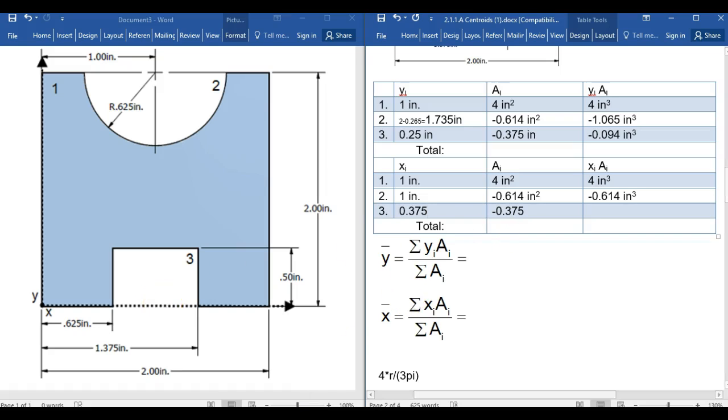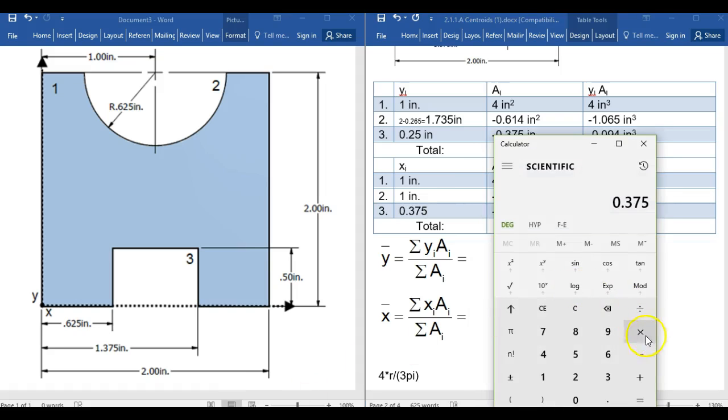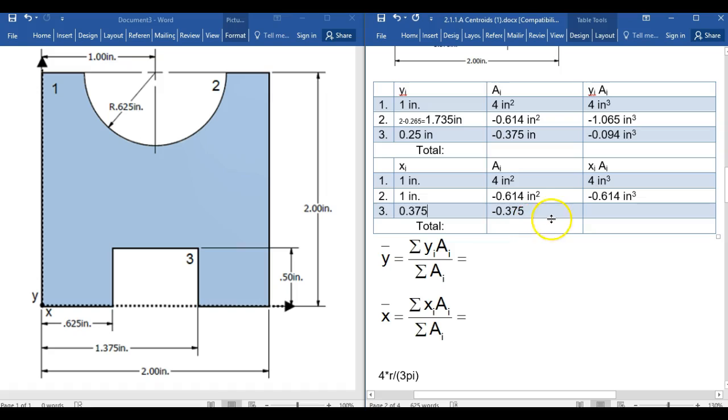So what we have to do is take that 0.375 and add our 0.625, and we find out that we need to come over 1 inch to get to the midpoint in the x direction across this rectangle here.